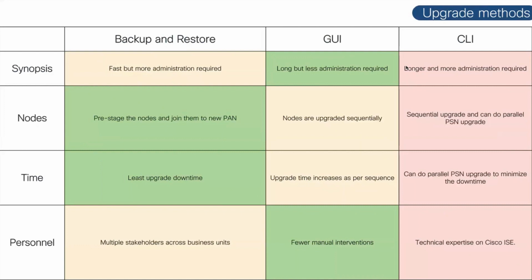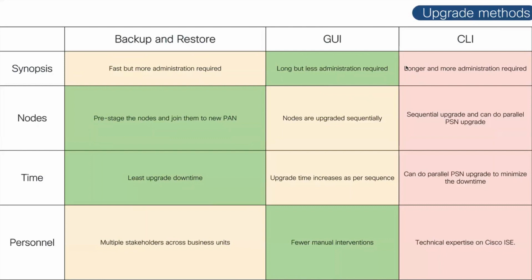But if you prefer to go with the GUI method, the nodes are going to be upgraded in a sequential manner, which takes its own time to upgrade the entire deployment based on the number of nodes existing in your deployment. The time taken in backup and restore was the least amongst all these options, whereas the GUI was expected to take longer, and it's going to increase per sequence in which you are upgrading the deployment.